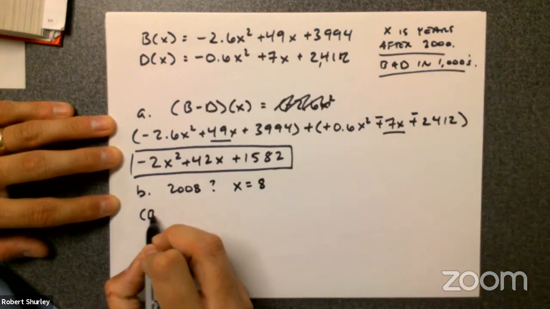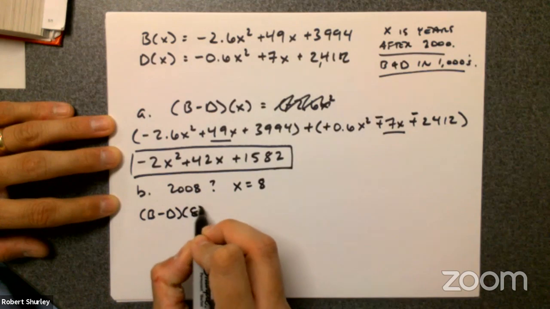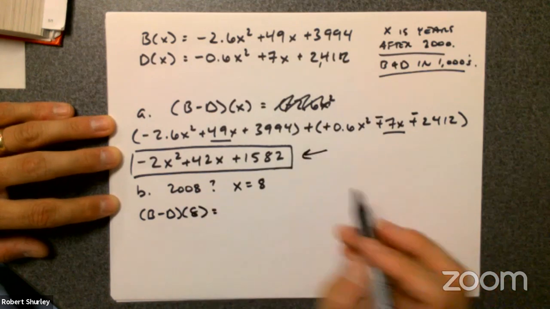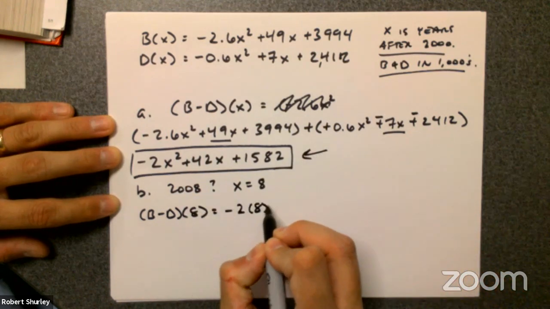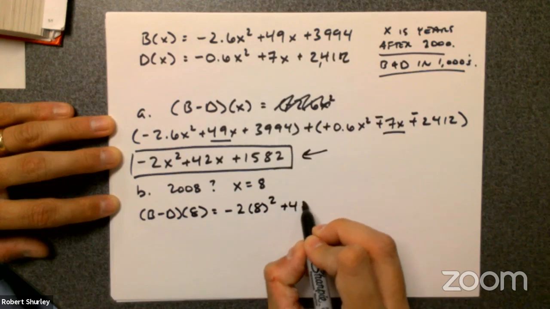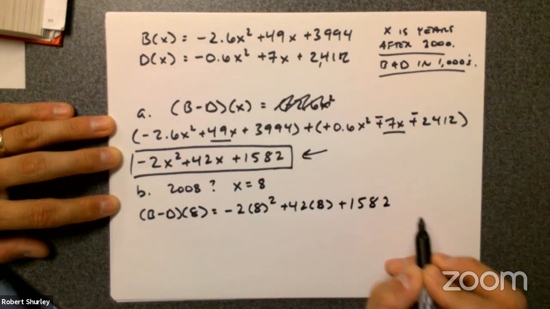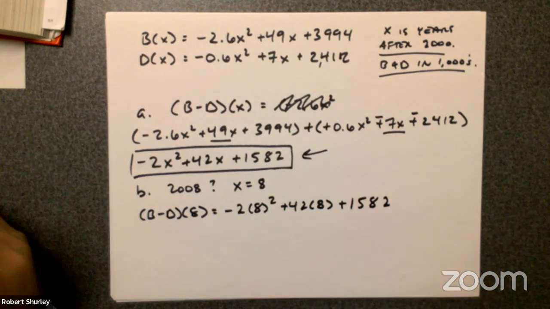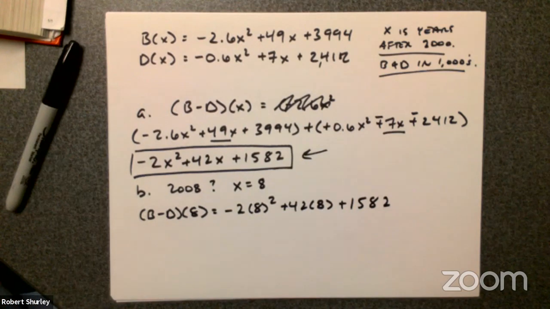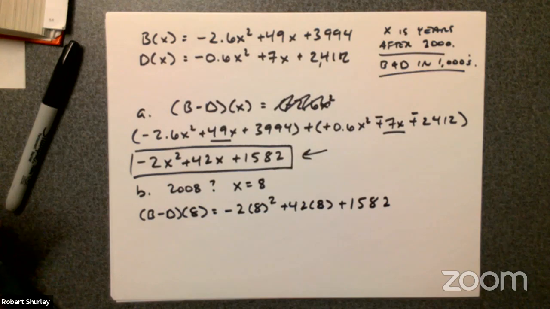So B minus D of 8. Now I can plug it into that equation: negative 2 times 8 squared plus 42 times 8 plus 1,582. For B, you just need to plug the 8 into that difference function.